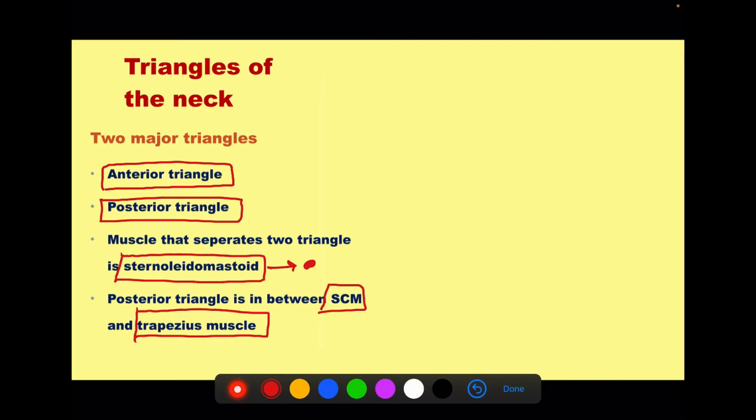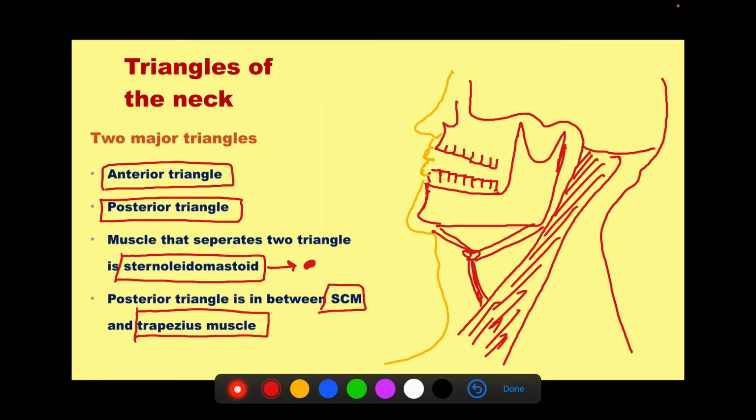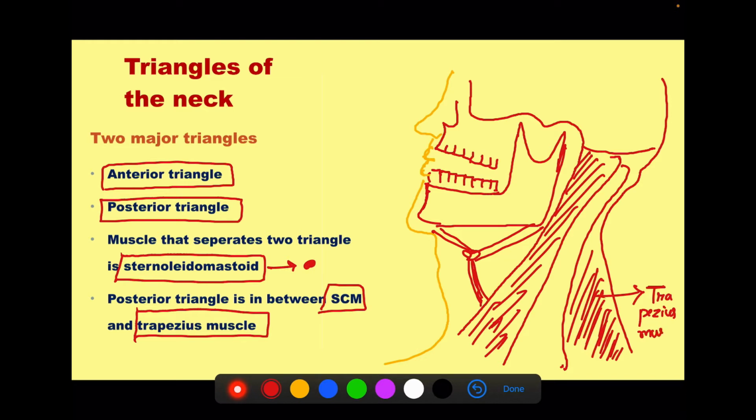Now I'd like to draw the picture of the neck. It's very tough. This is the posterior muscle, that is called the trapezius muscle, in the back side, and this is called the sternocleidomastoid.